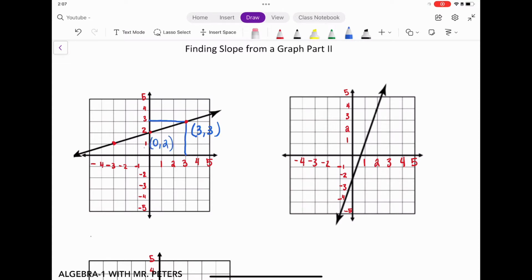All right. So we've talked about all 3 points. And if you look, they all line up on an exact X and an exact Y. And that's what we need when it comes to finding slope from a graph.